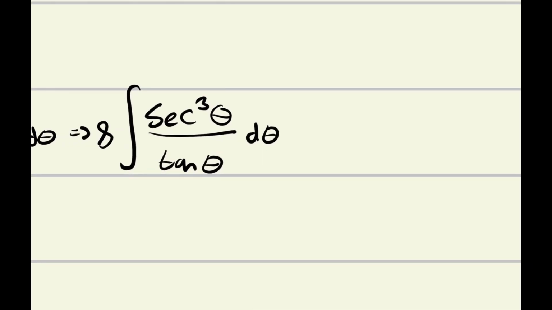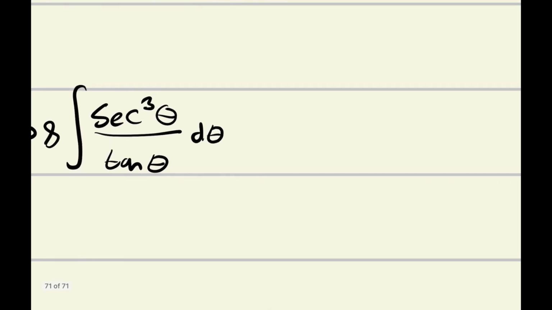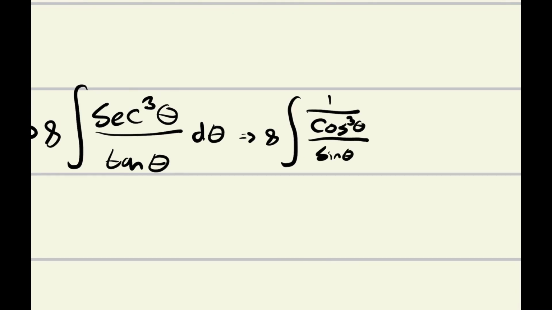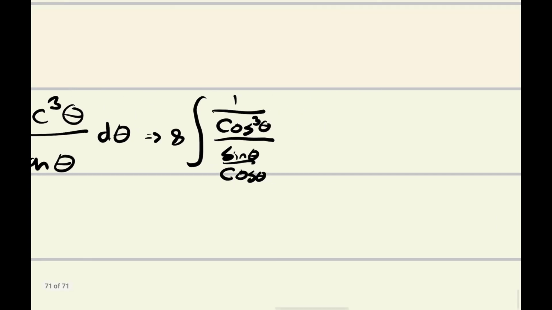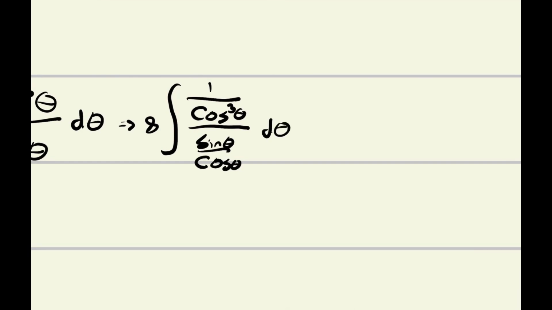Well, if we think about this, secant is just 1 over cosine. So we'll rewrite this again: 8 times 1 over cosine cubed theta, then tangent is sine theta over cosine theta, d theta.